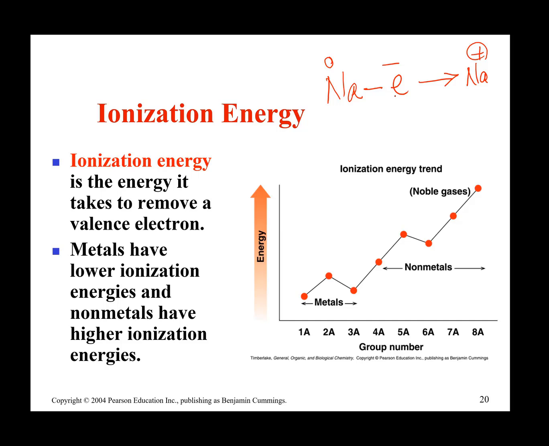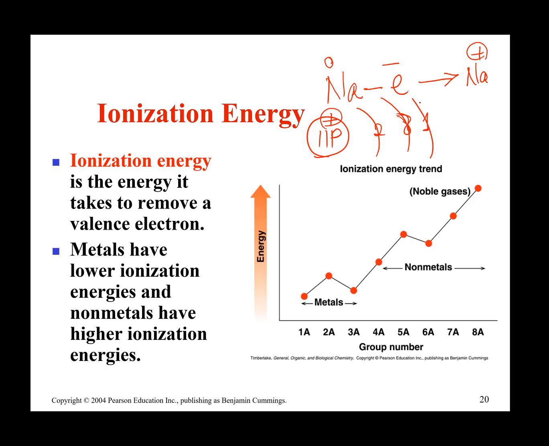In other words, let's see, 11 protons in the nucleus, and then the first shell has 2 electrons in sodium, then 8 electrons, and 1 electron. Can I say this 1 electron, which is on the third shell, is being pulled by 11 protons? 11 protons is pulling all these electrons.